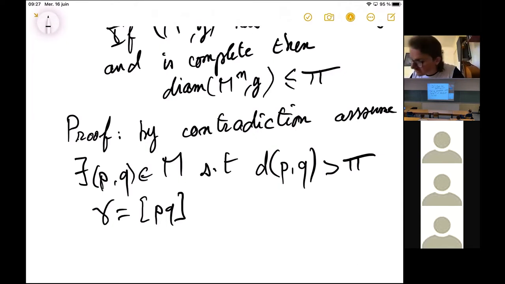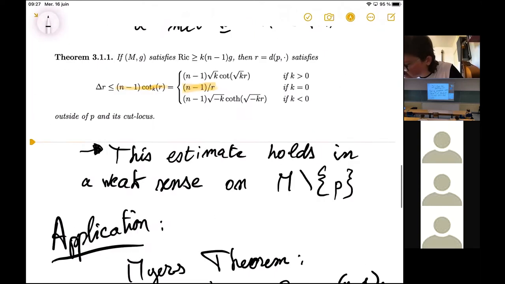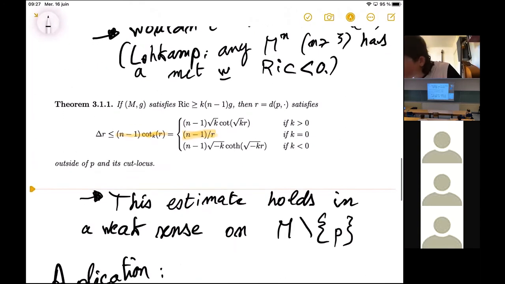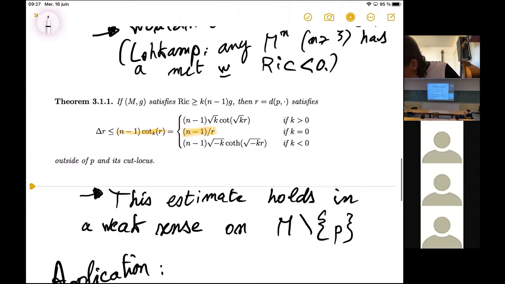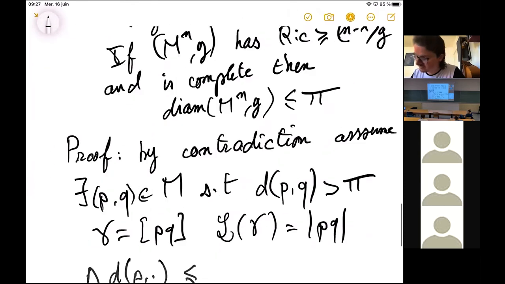So the length of gamma is equal to the distance between P and Q, and the Laplacian of this function will be less than, okay, k equals 1 here, n minus 1 times cotangent of r.